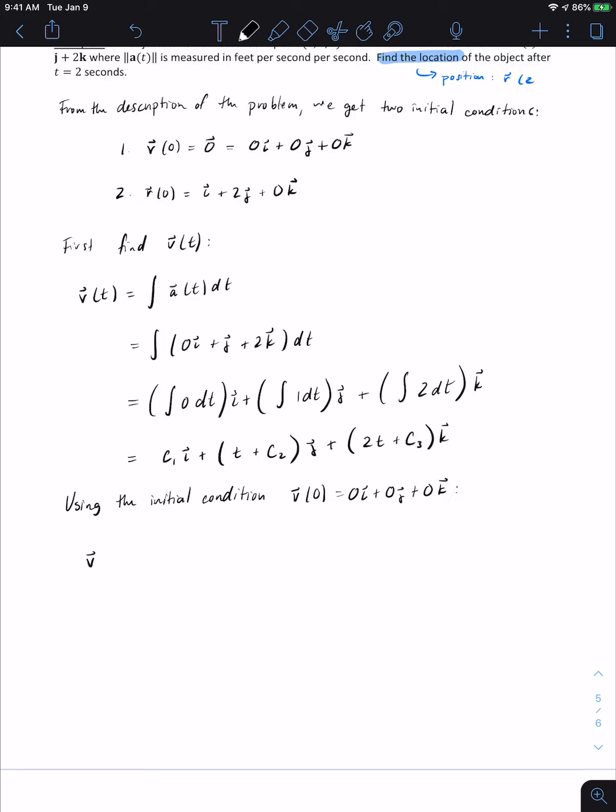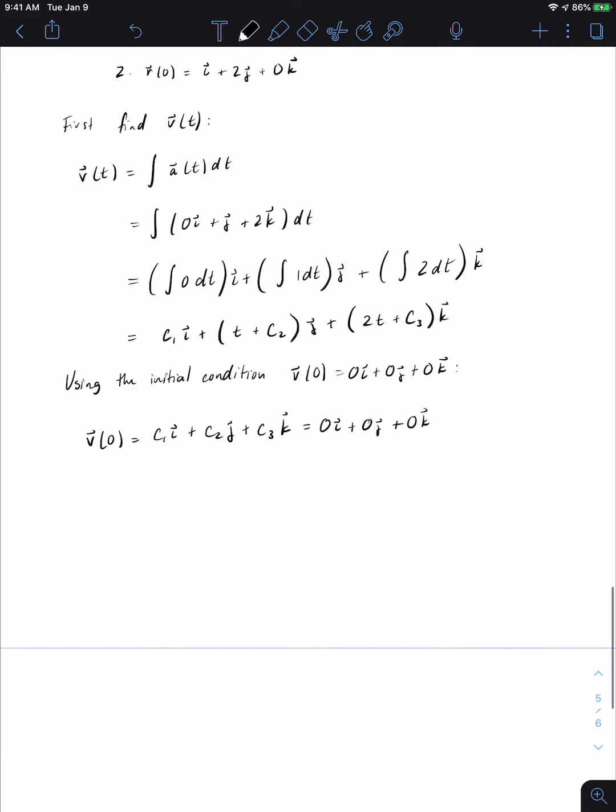Well, when I plug 0 into our velocity, I get c1i plus c2j plus c3k, and I know that that should be equal to 0i plus 0j plus 0k. So what does that mean about my constants?